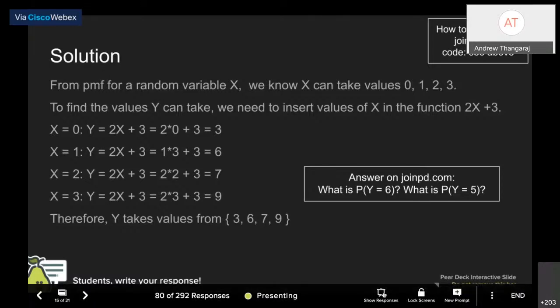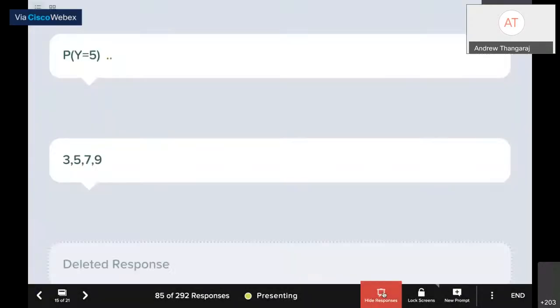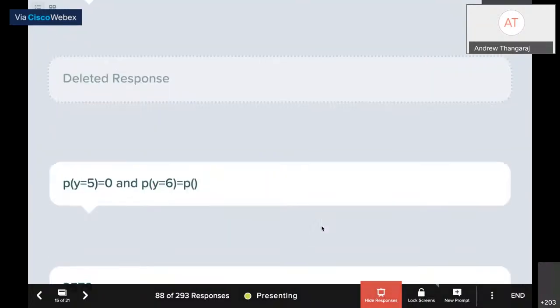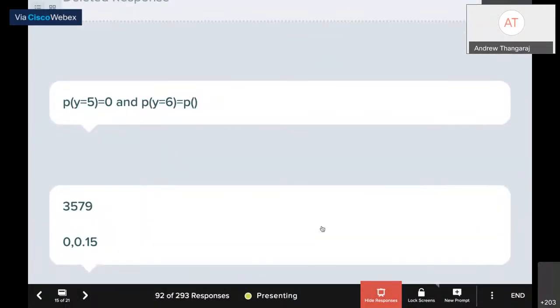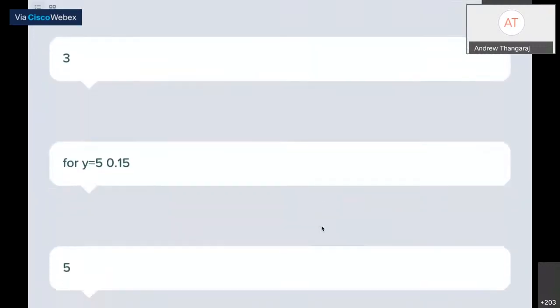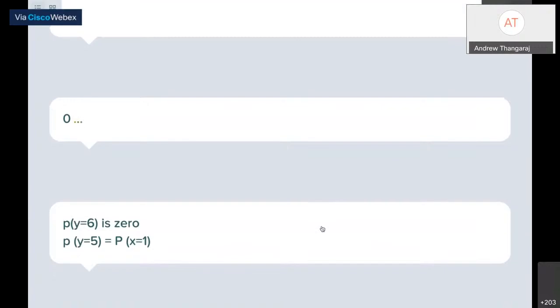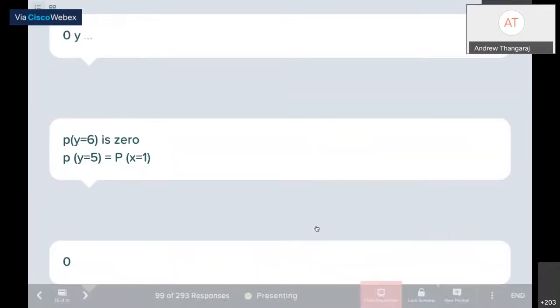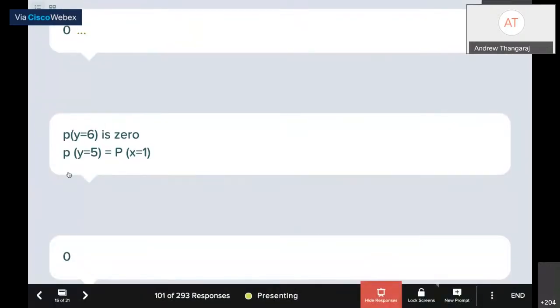Let me quickly see the responses as they come up. Probability of y equals 5 is, y equals 6 is, people are still typing in. So this answer here looks very nice. You see the probability of y equals 5 is the same as the probability that x equals 1.